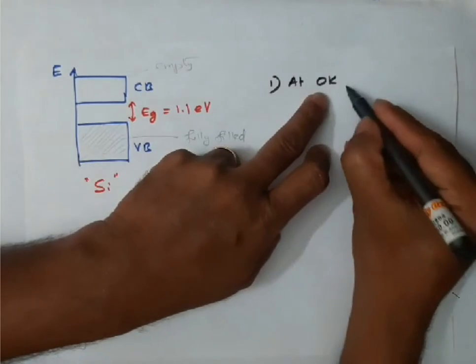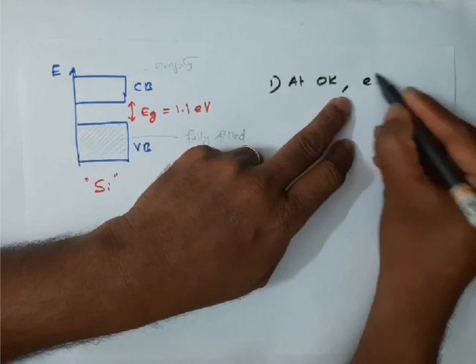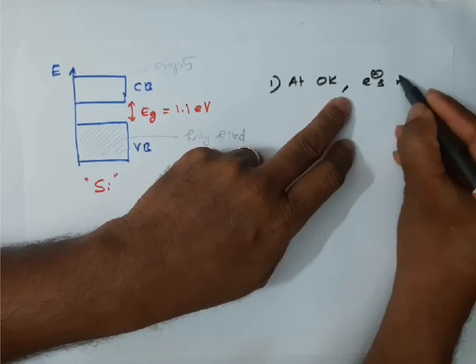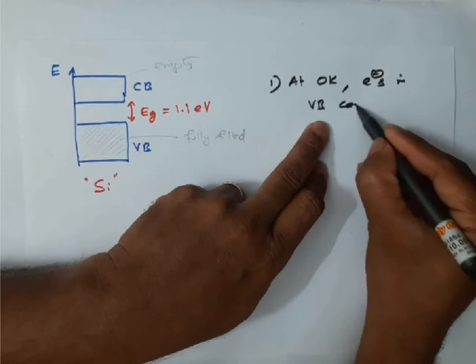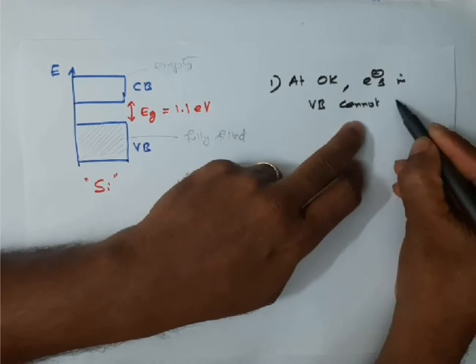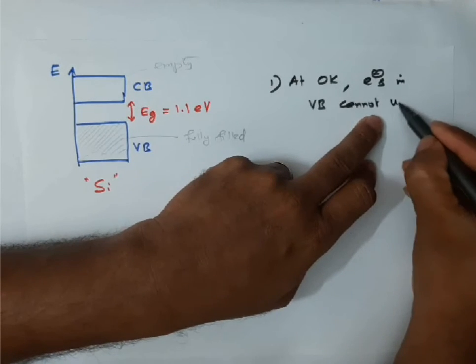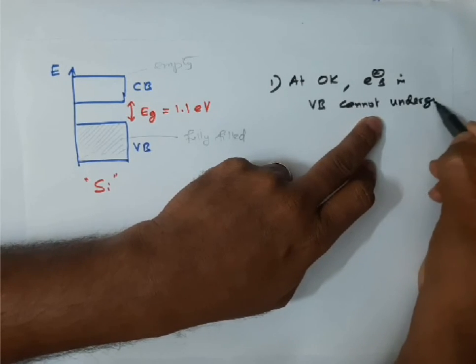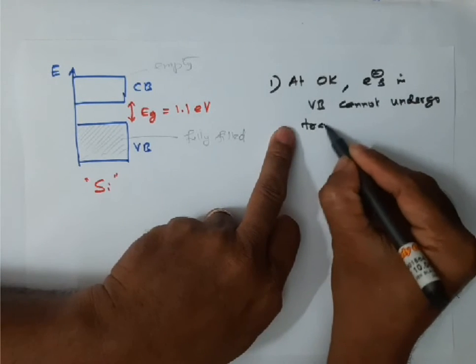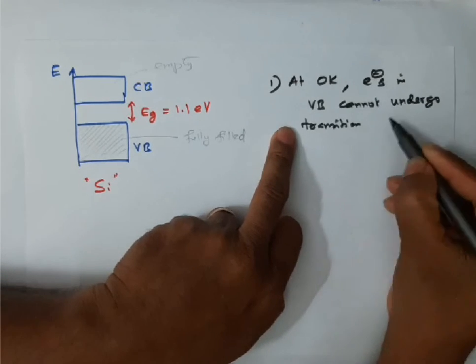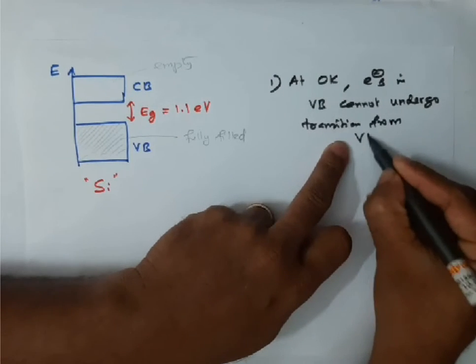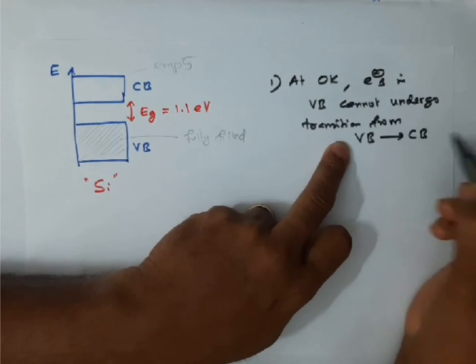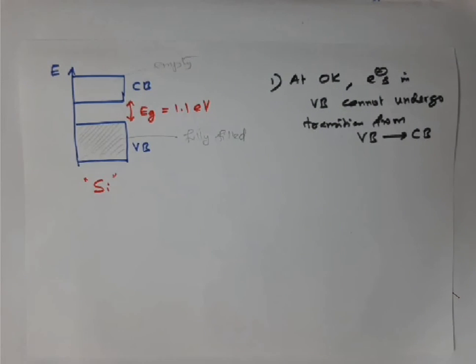They cannot undergo transition from valence band to conduction band. Why? Because at 0 Kelvin there is no thermal energy.